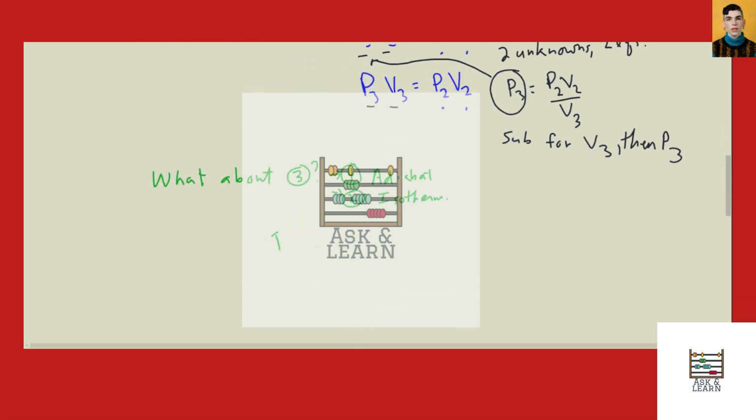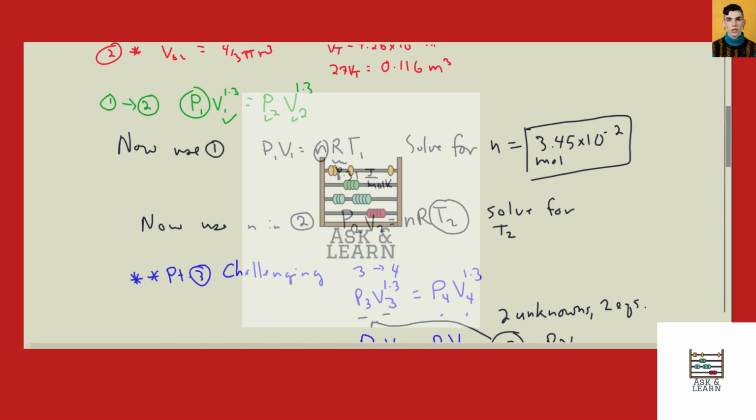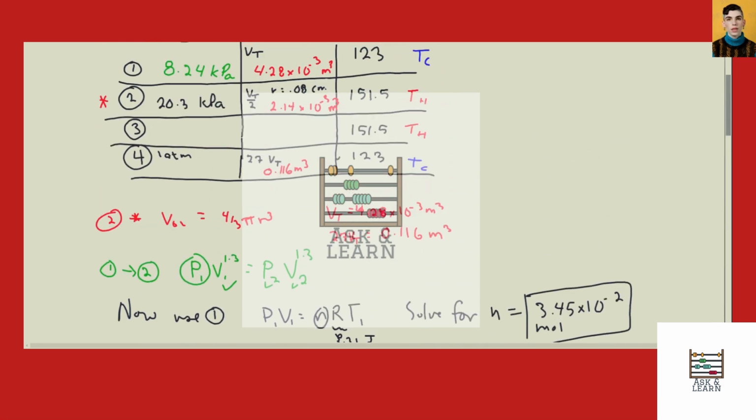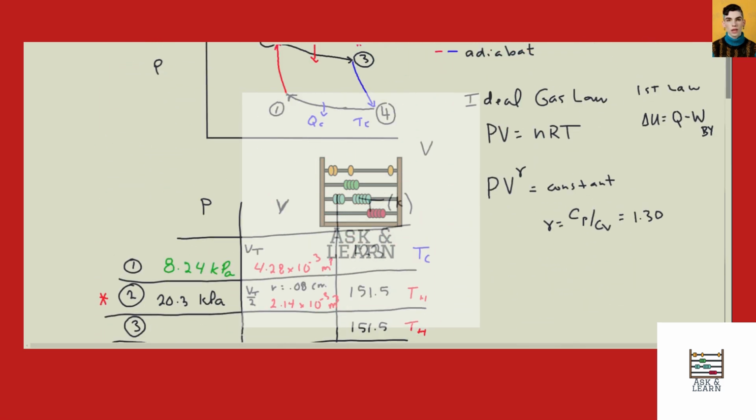The unknown pressure at 3 times the unknown volume at 3 raised to 1.3, that adiabatic exponent, is equal to pressure at 4, volume at 4, raised to the 1.3. Well, we don't know pressure at 4, do we?